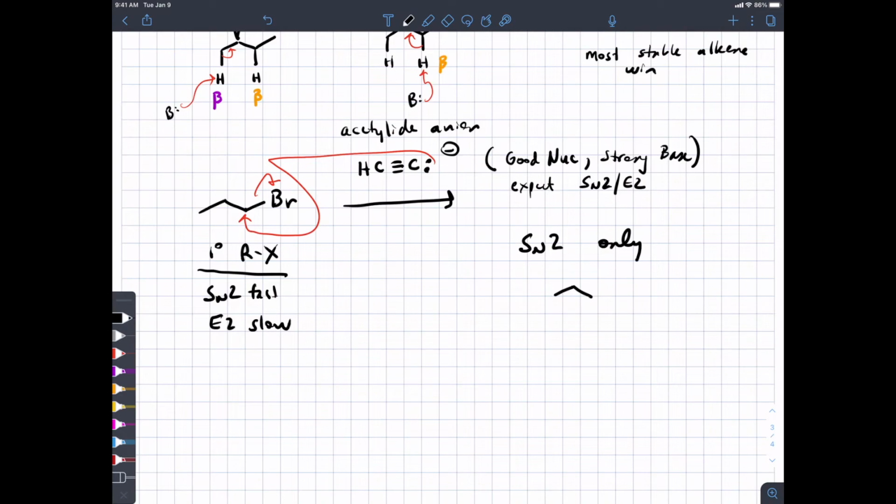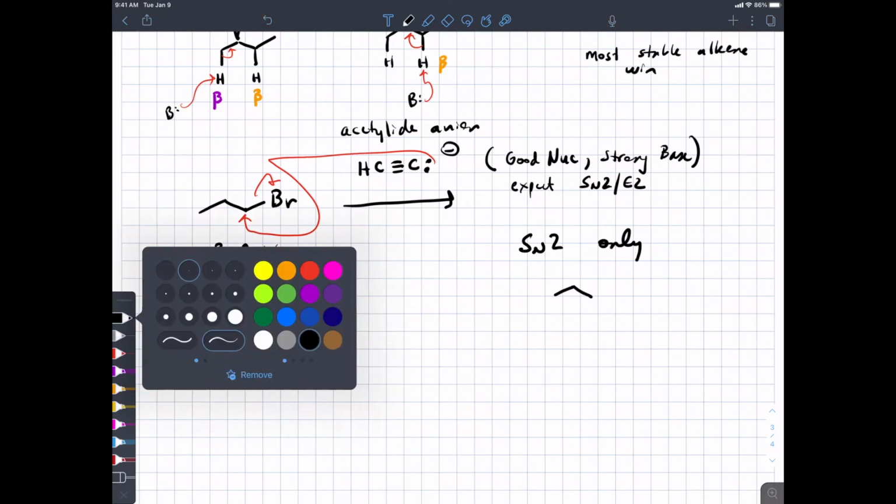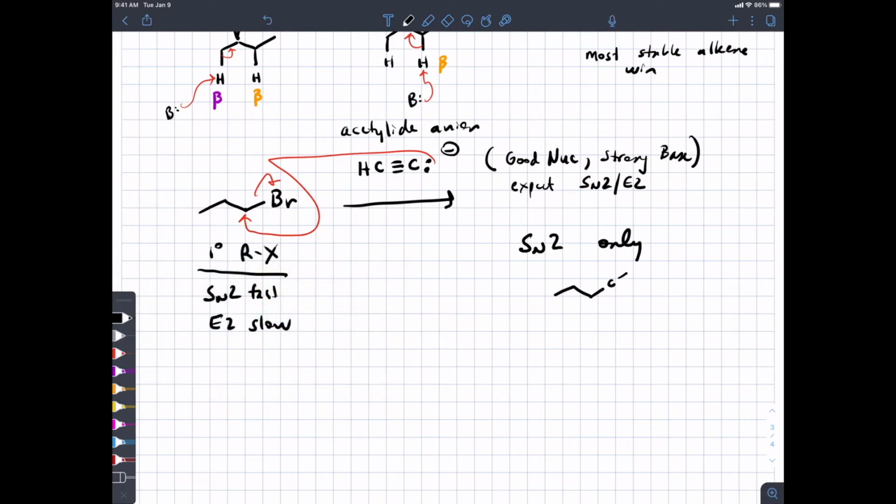We make a new carbon-carbon bond between the carbon that had the leaving group and the sp hybridized carbon, the negatively charged carbon of our acetylide anion. And so I started with 1, 2, 3 carbons. I end up with 1, 2, 3, 4, and 5.